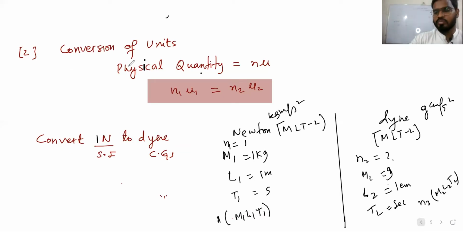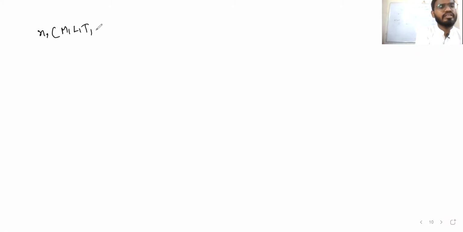If you equate, what can we say? Let's write first: n1 M1 L1 T1 is equal to n2 M2 L2 T2. Now n1 is given, that is 1.